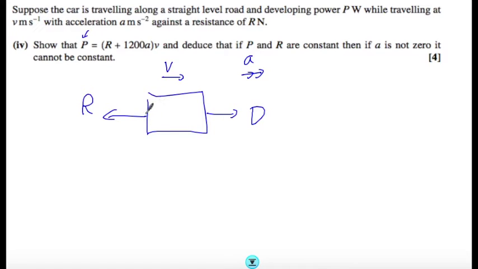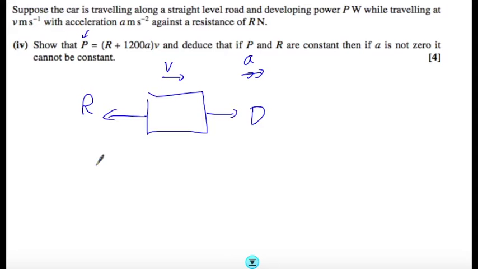So we've got to get P into this somehow. Let's think about Newton's second law, because that's going to link these things together, and we can't say anything's equal at the moment because there's some acceleration.